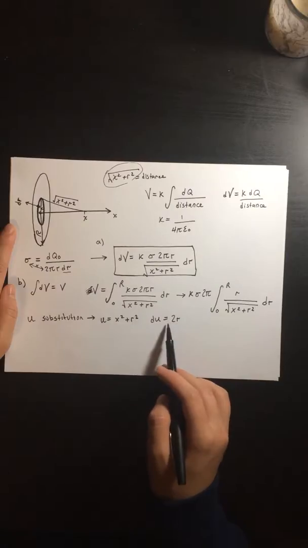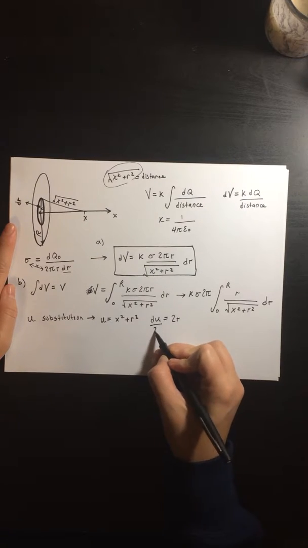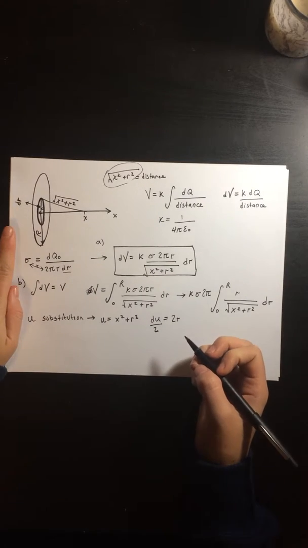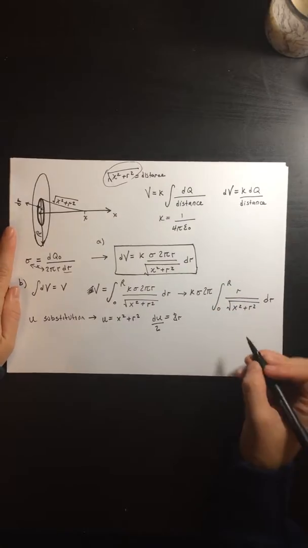So the derivative will be 2r, and if we want to find what r is, we get du over 2.